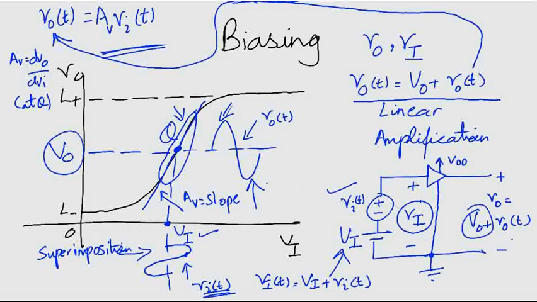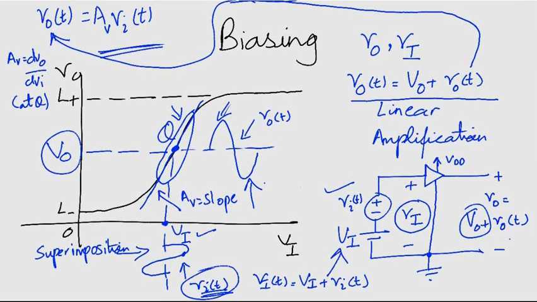The price is that the input signal needs to be kept sufficiently small. This is because we don't want the output to cross these limits. This technique will be used when we formally study transistor amplifiers in later modules.